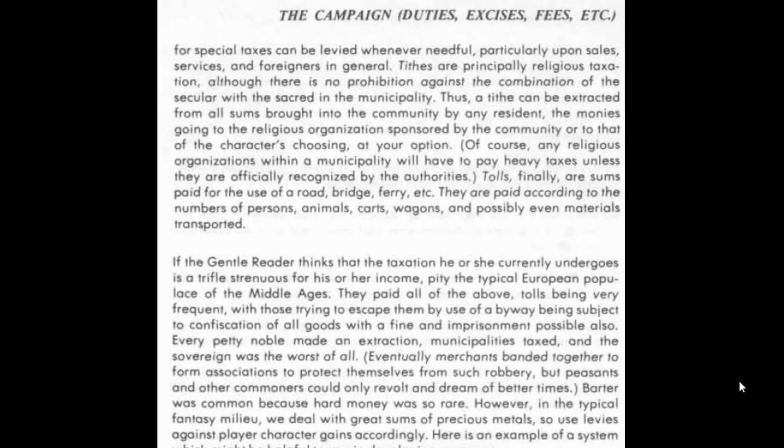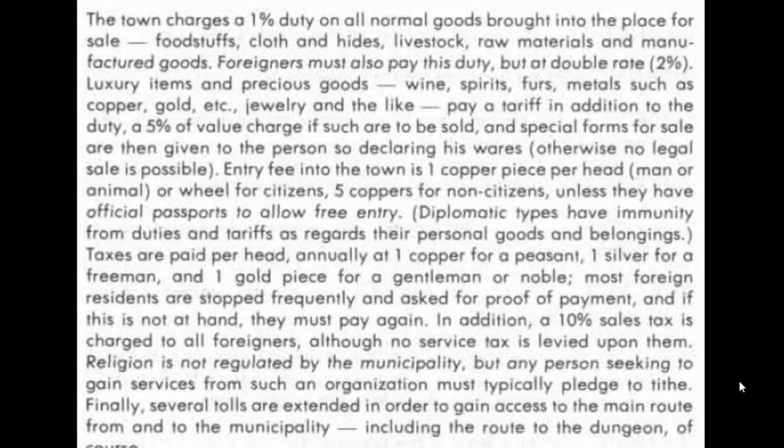Because if that much money is getting pushed around, at least they've got something to offer, right? Healing and salvation and all that good stuff. I think that is the real takeaway for me for this section on taxes.